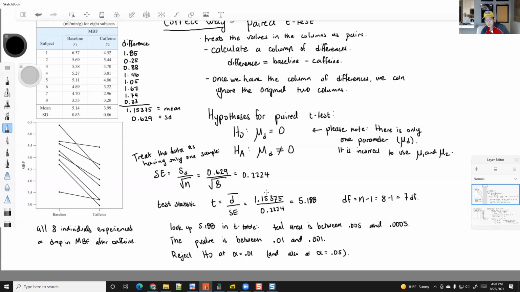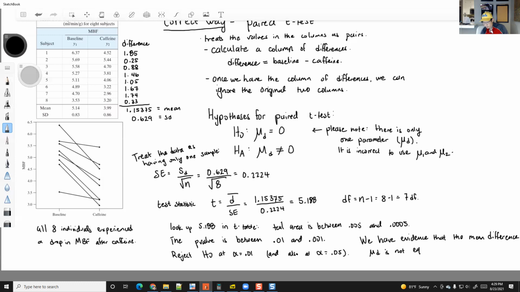And our conclusion would be we have evidence that the mean difference mu d is not equal to 0. Okay, and in fact, we have evidence that it is greater than 0.